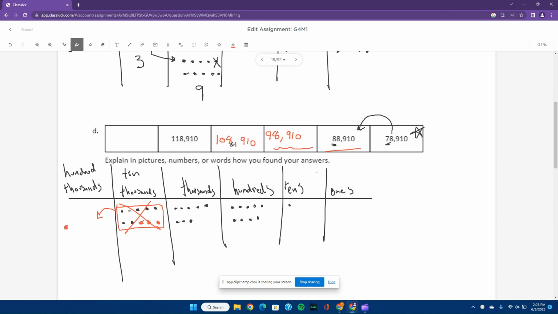And now that I have no 10,000s, I can start back by putting them in here. Now this place value chart would show this number, 118,910, and we can put one more in here to make 128,910.